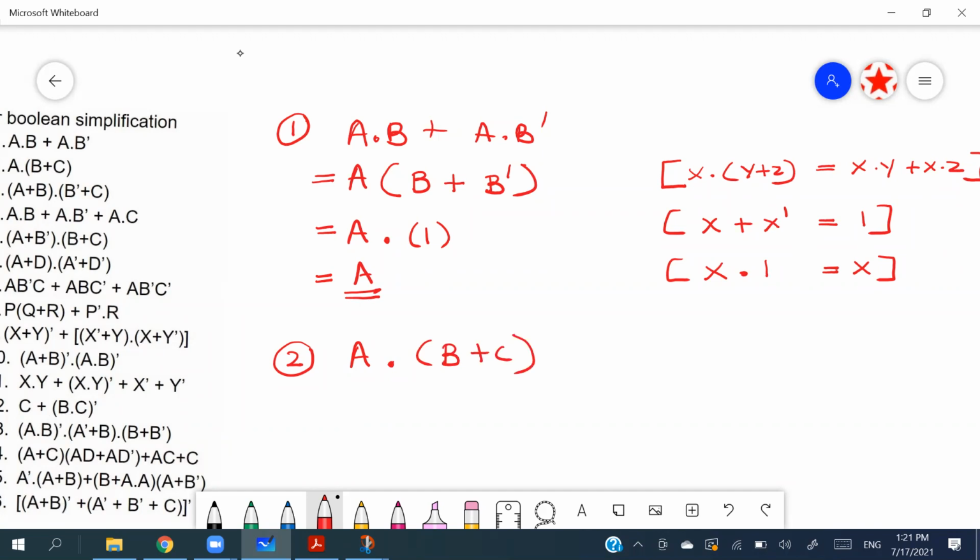It's clear we have to apply the distributive law. So we can say A dot B plus A dot C. That's the only thing that we can do to this. The reason is, again, the distributive law. So we'll write it and show it.